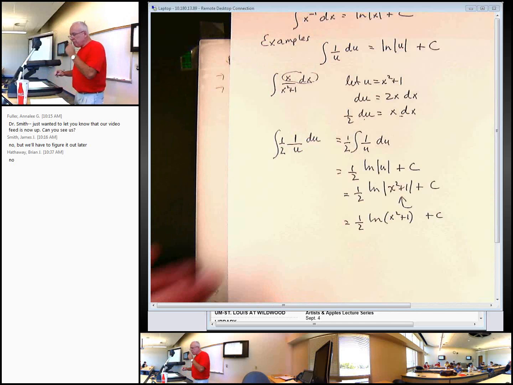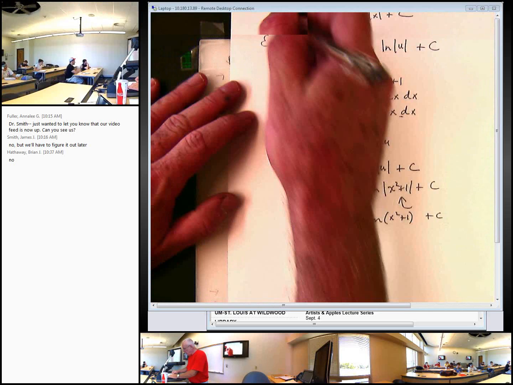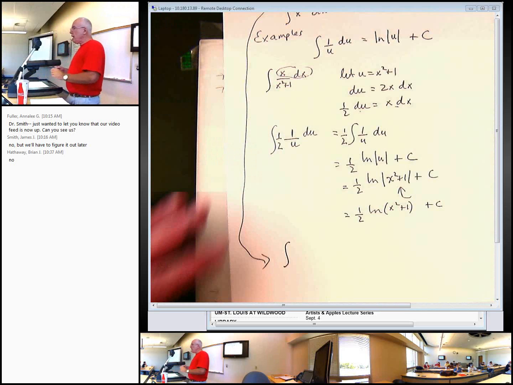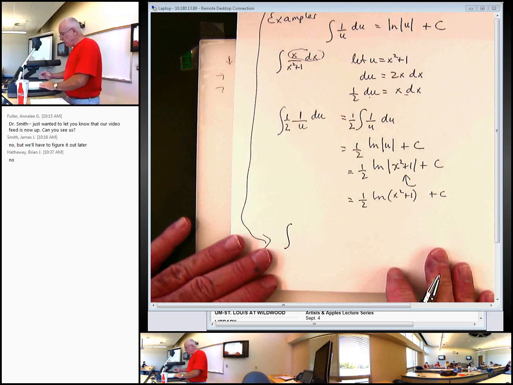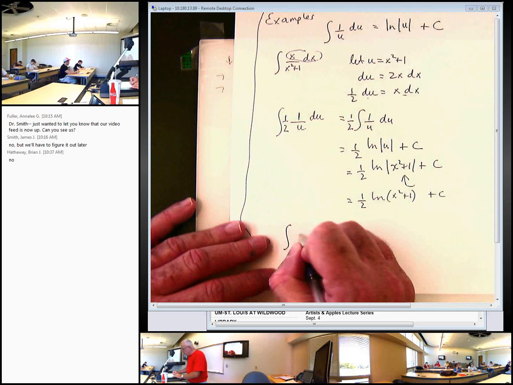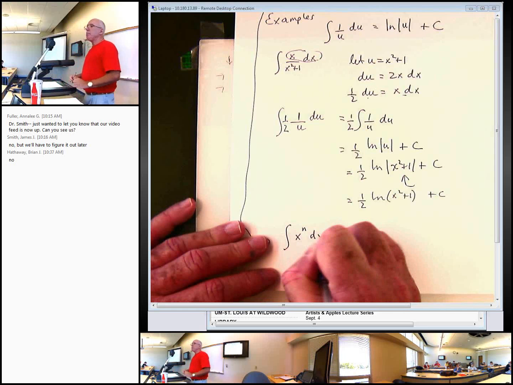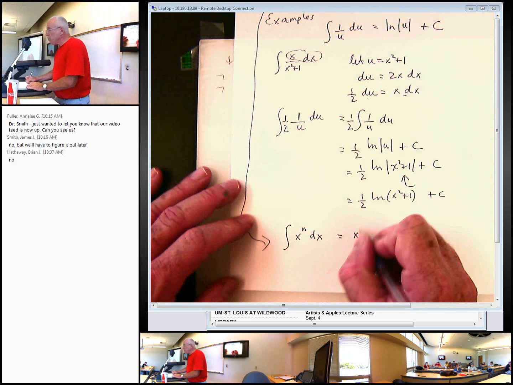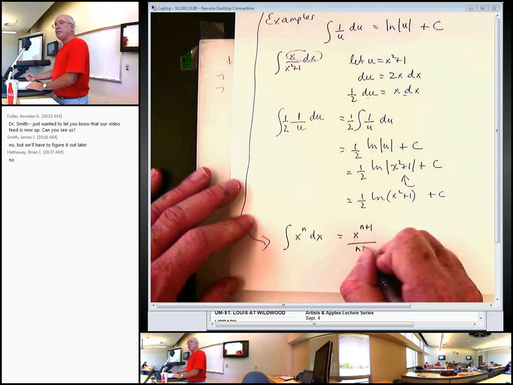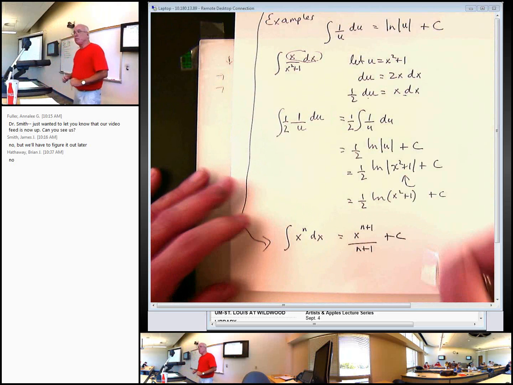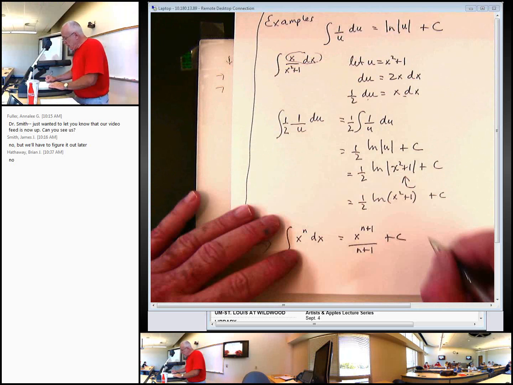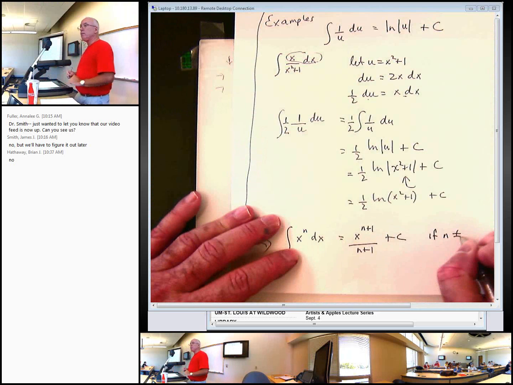Before I do another example, I want to point out the value of, let's just say, the gap that this new formula fills in. Remember when in Calc 1 you were introduced to this antiderivative formula: x to the n power dx, doing its antiderivative, we increase the exponent by 1, and we divide by the same, plus our capital C. And you were told at that time that this formula is only good if n doesn't equal -1.